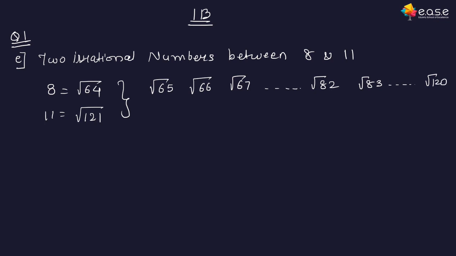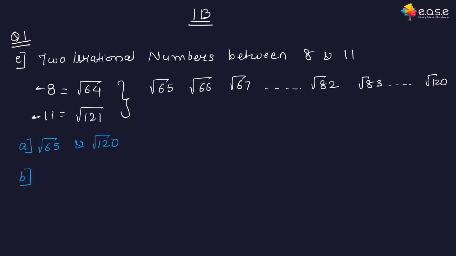But since we are not going to include 8 and 11, if you see the options given below in this textbook, they have given you 4 options. I'm going to write those 4 options here. What are the options they have given you? First option, they have given you root 65 and root 120, correct?